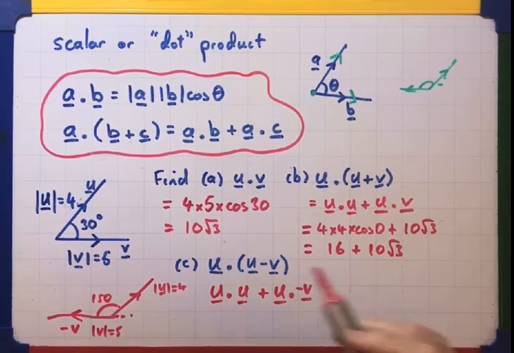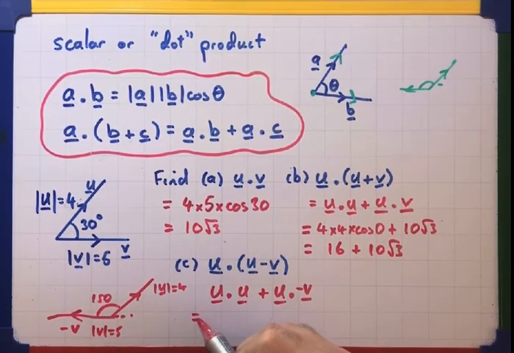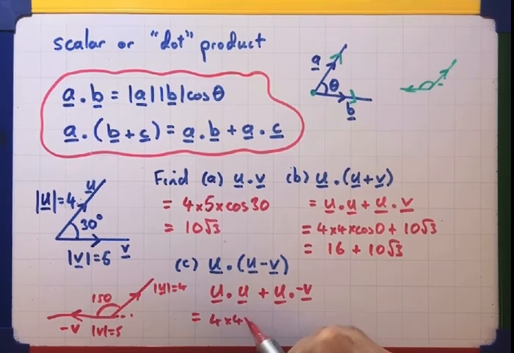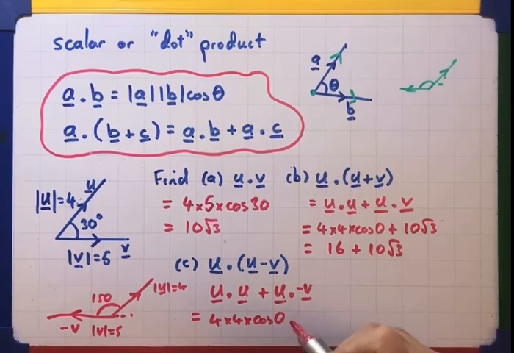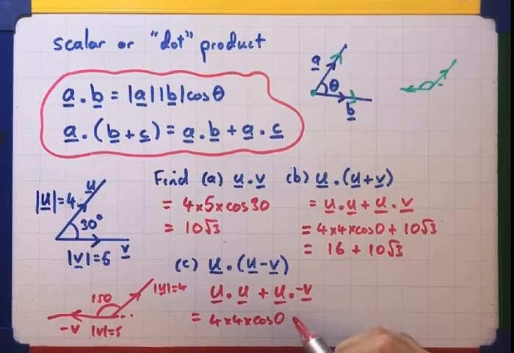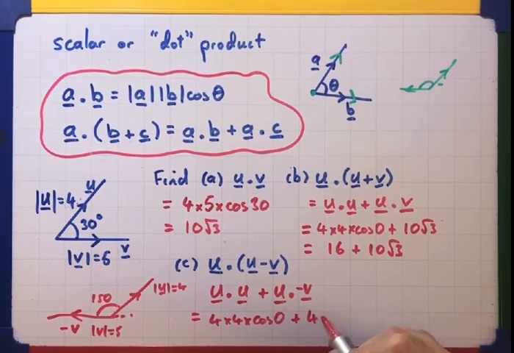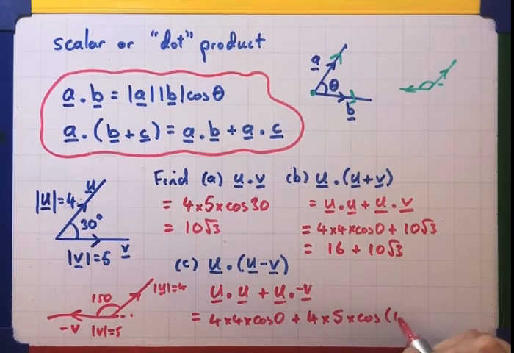Yes? So that's going to give me 4 times 4 times cos of 0, which I know is 16. And this one is going to be plus 4 times 5 times cos of 150. Remember, cos of 30 is root 3 over 2.